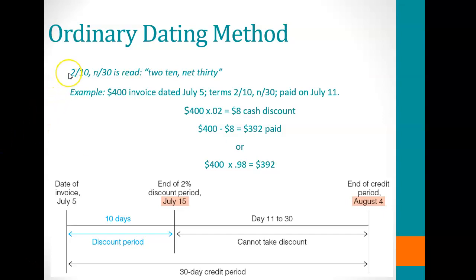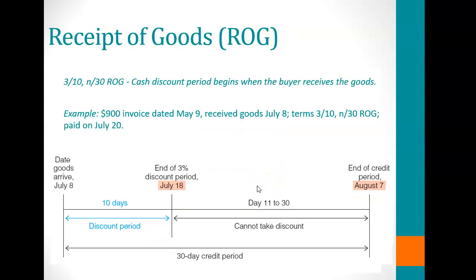The discount is 2%. So the net amount paid after discount will be 98%. If I take 98% of the list price of 400, the amount paid after discount would equal $392.